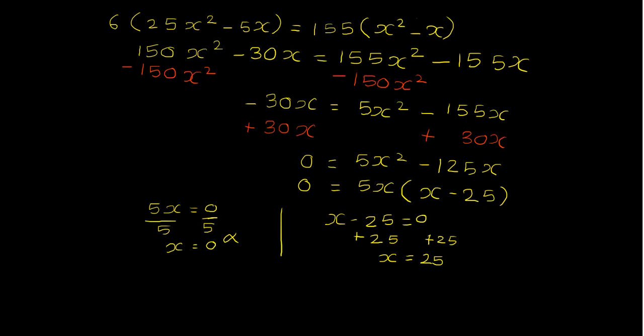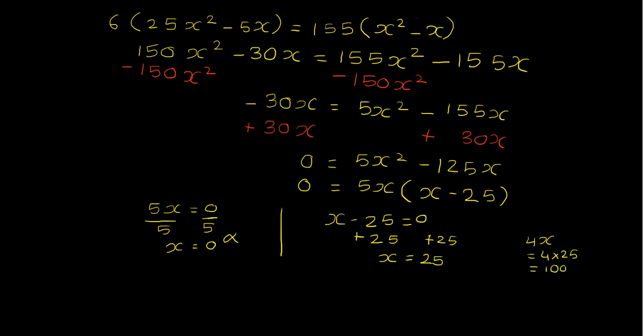And just to check, if John had put in 25 red counters into the box, then the number of blue counters would be 4x. So 4x would be 4 times 25, which is 100.